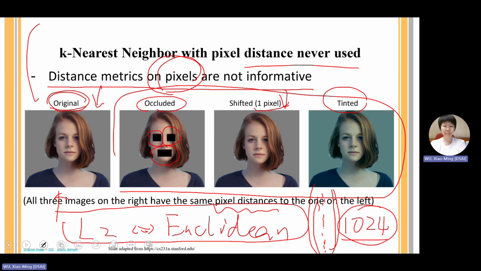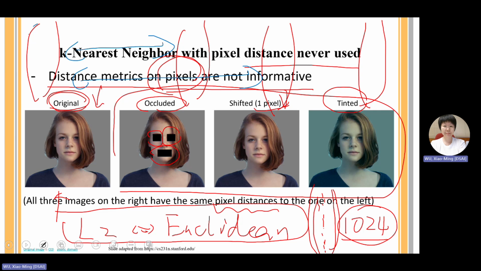We represent each image as a vector using its pixel values, and then we calculate their pairwise distance. Because each image is represented as a vector, we can calculate the Euclidean distance, the L2 distance, between the original image and the modified image. The L2 distance is called the pixel distance here.